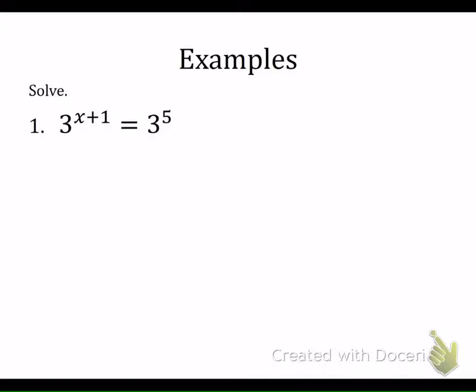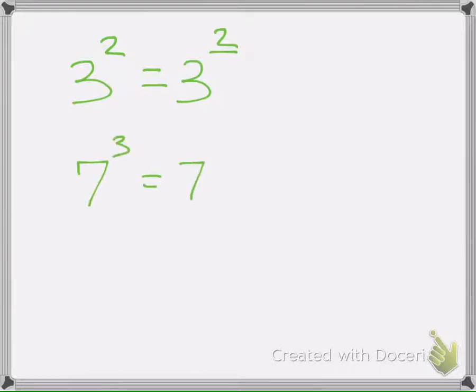Now, before we even look at that, I just want to ask you a question. If I told you that 3 squared equals 3 to the blank, what would you put there? A 2, right? What if I told you 7 to the third equals 7 to the blank? 3.